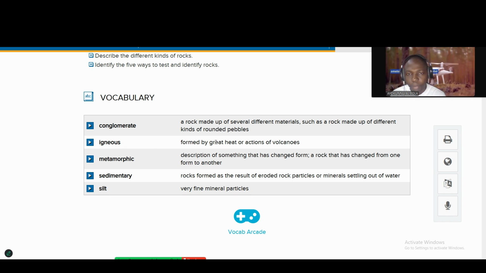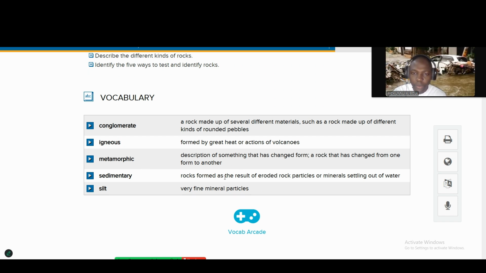Then igneous. This is formed by great heat or actions of volcanoes. Metamorphic is a description of something that has changed form. A rock has changed from one form of rock to another, and that's metamorphic. Then sedimentary.